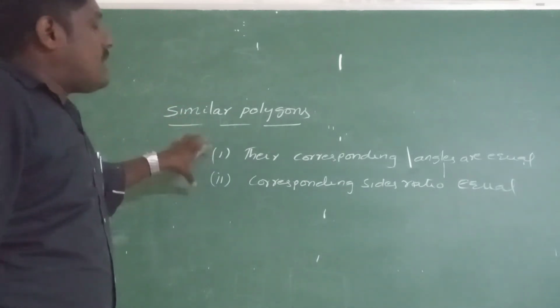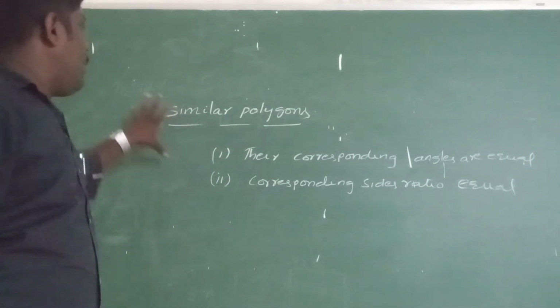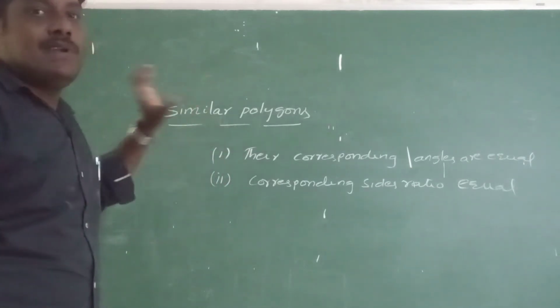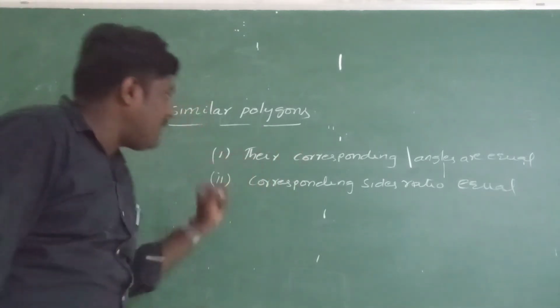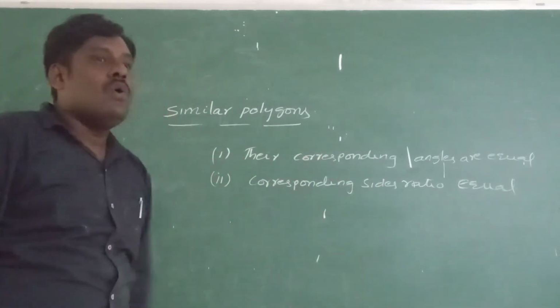If these two conditions are satisfied, only in this case we call polygons similar. The first condition is that the corresponding angles are equal, and the corresponding sides ratio is equal.